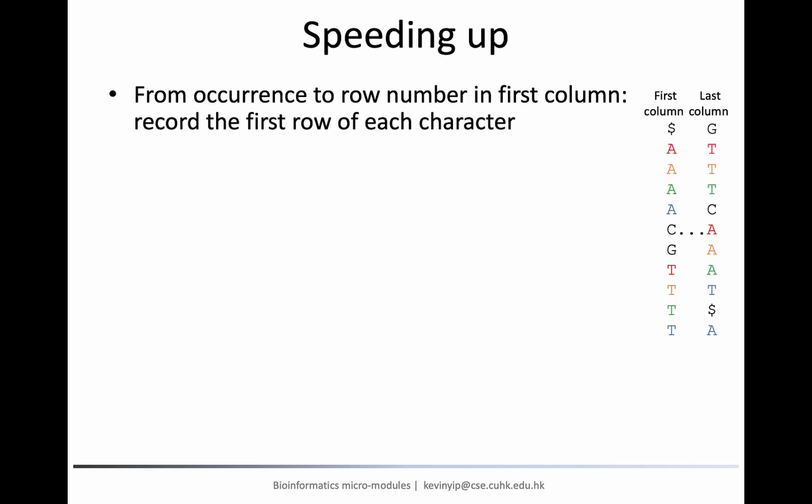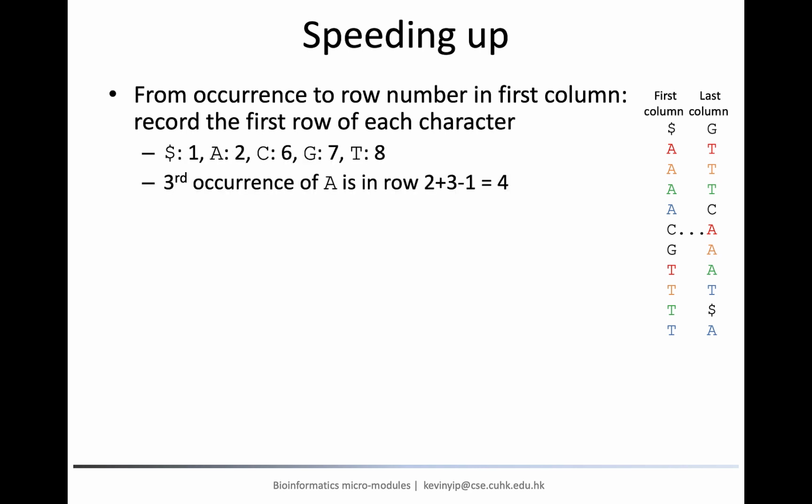Let's tackle the first two problems. To find out the rows occupied by specific occurrences of a character in the first column, we actually only need to record the first row occupied by each character. This can be easily done by recording the total number of times each character appears in the sequence.